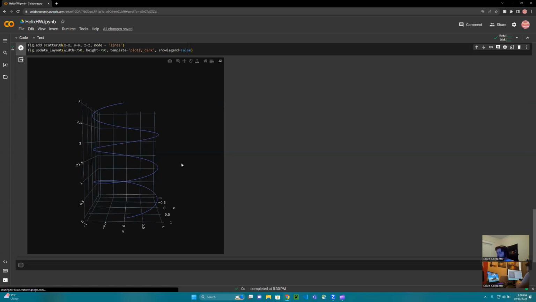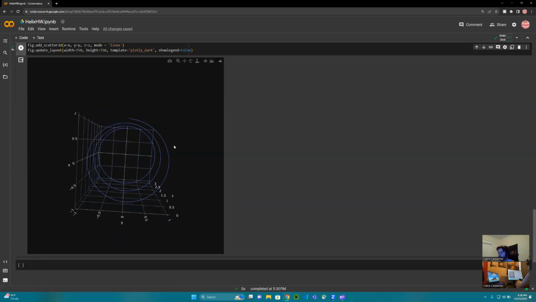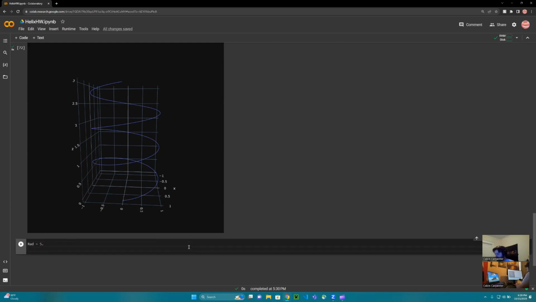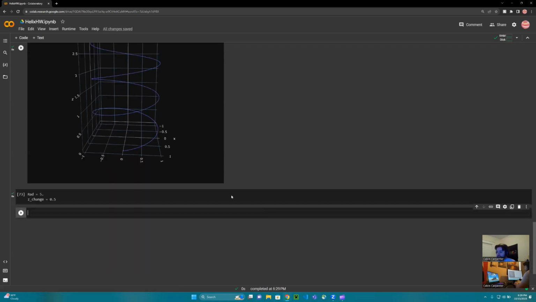Now that we have our beautiful graph of this helix here, if we set a radius of 5 and a change in the z direction of 0.5, then we could do something pretty cool with this helix.